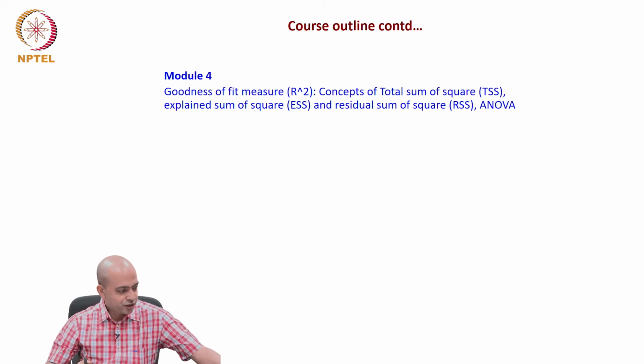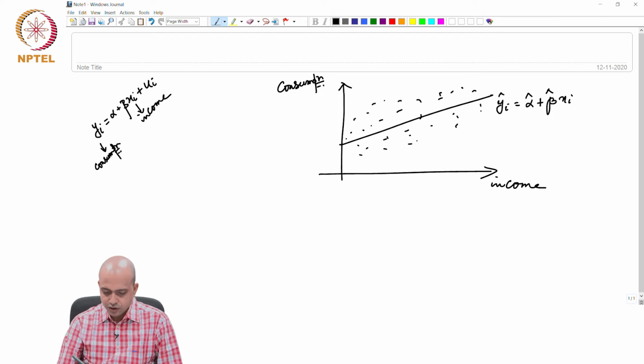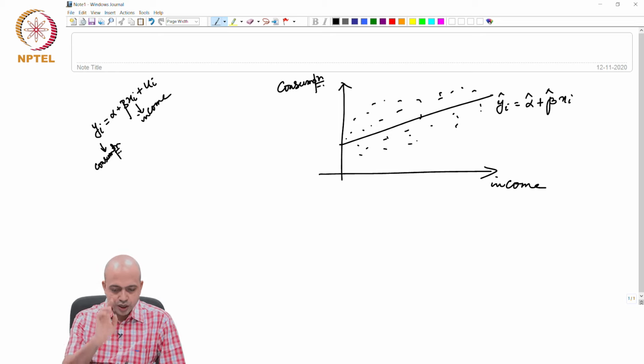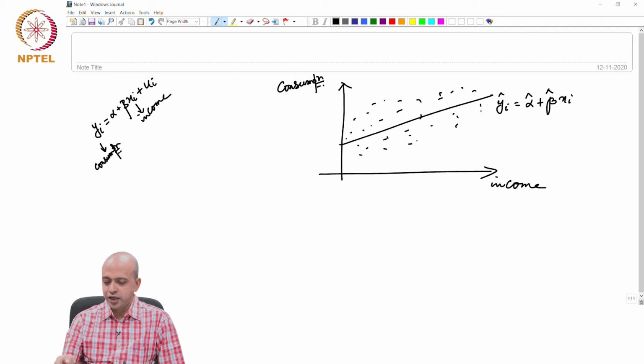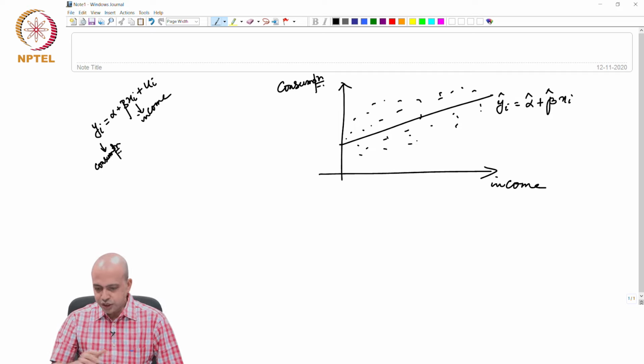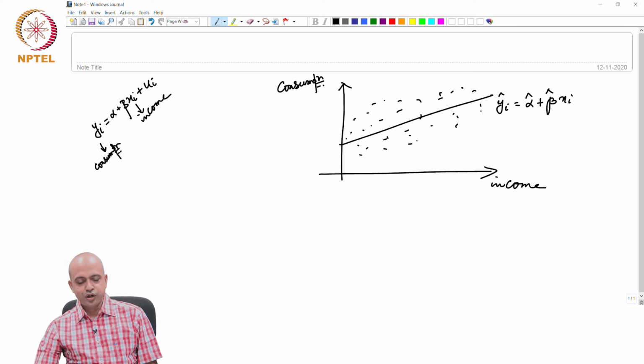In this example, consumption is your dependent variable and income is the independent or explanatory variable. So, this R square is going to tell you what percentage of total variation in consumption you are going to explain with income. That is what we are going to learn in this particular module.